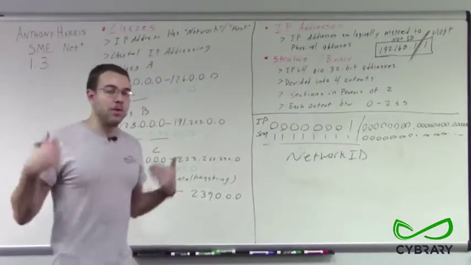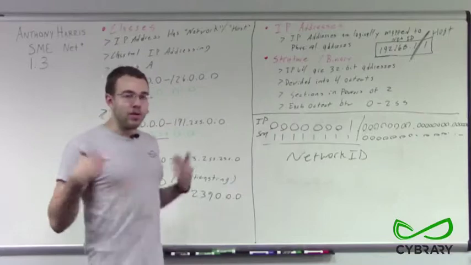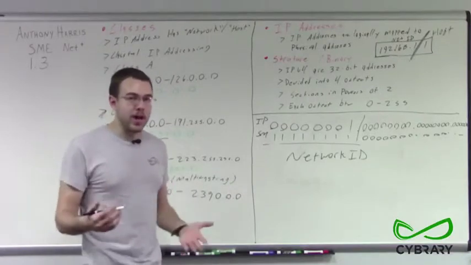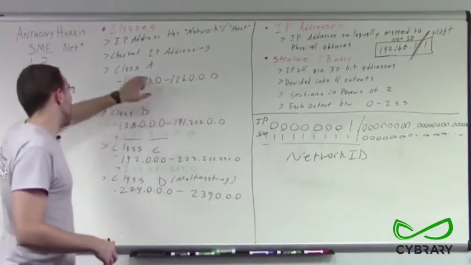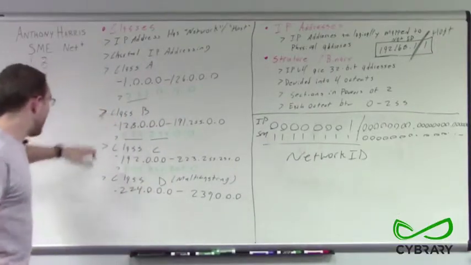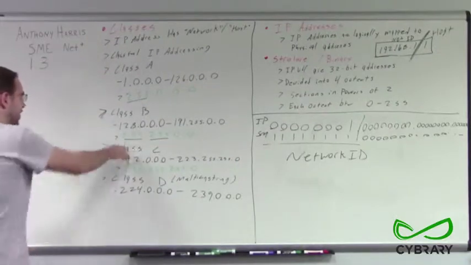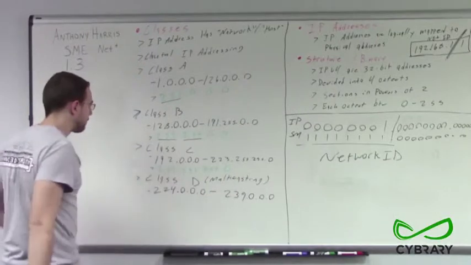We're pinging our own network interface card. We're pinging our own TCP/IP stack. So 127.0.0.1 is used for local host. That's why it's not included in either our Class A or our Class B ranges. Next, we have our Class C range, and Class C is going to jump directly from 191 to 192.